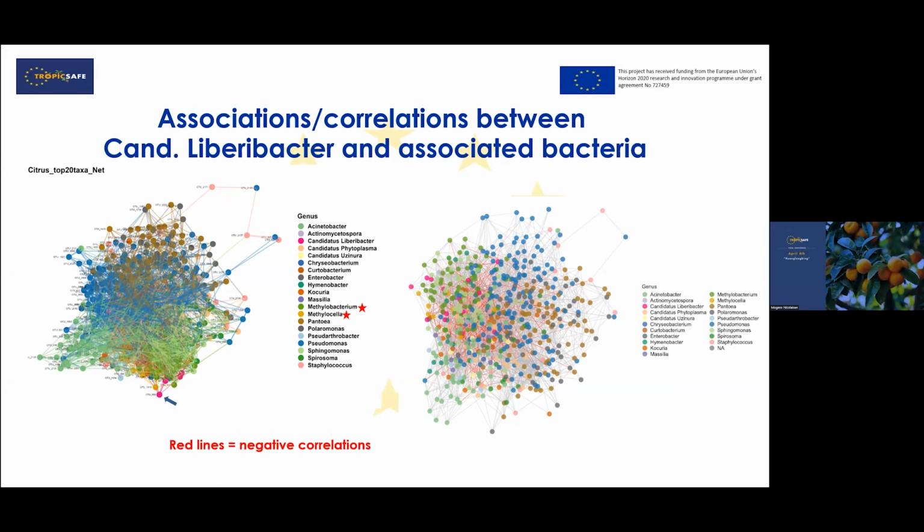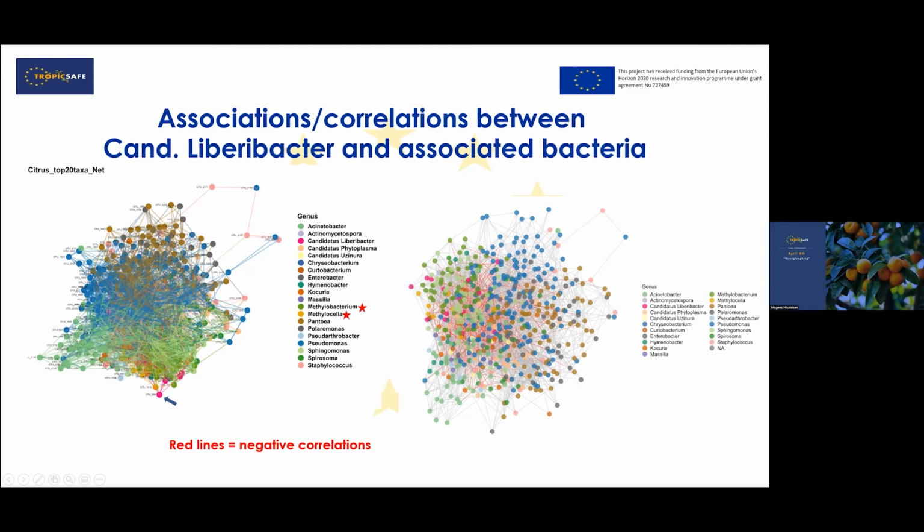And if you look at the right side on the other figure, we have visualized the positive correlations between individual bacteria. This is sort of all the bacteria that we found in the samples, and the pink ones are the Liberibacter. So again, the gray lines are positive correlations, and the pink lines are the negative correlations.